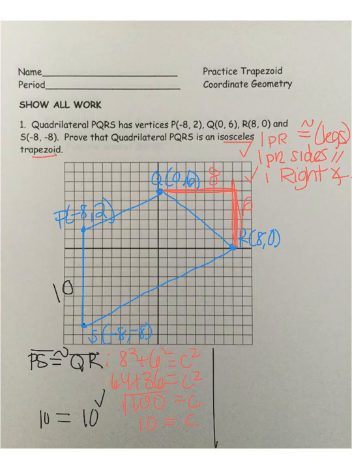I need to show that I have one pair of sides parallel, so that means I'm going to go for PQ parallel to SR. Okay, so 6 minus 2 for PQ.